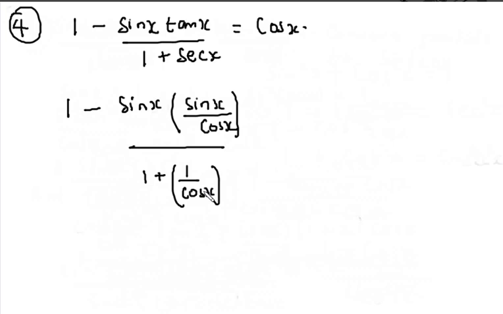So this is equal to 1 minus, now sine x times sine x is sine square x, divided by cos x.